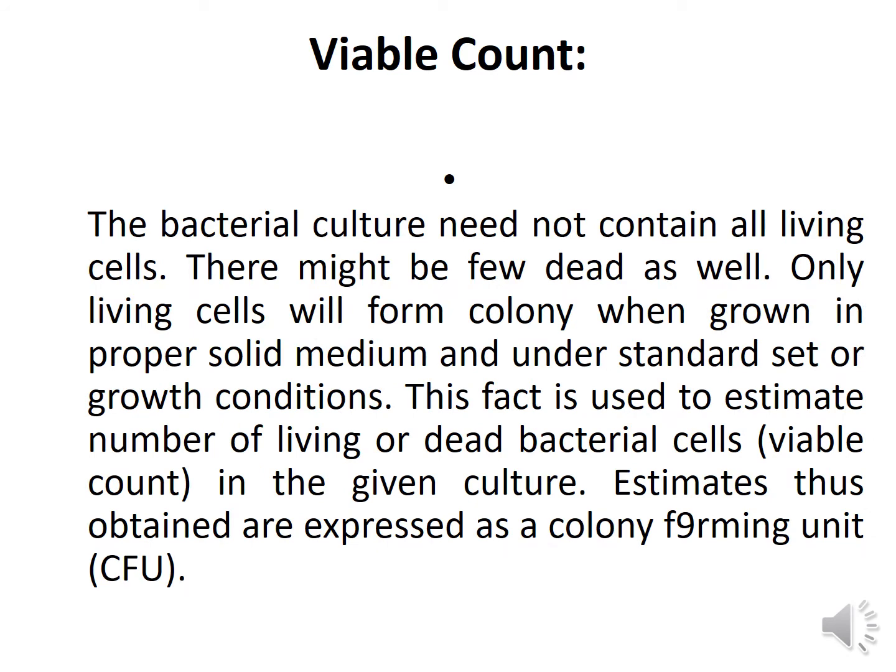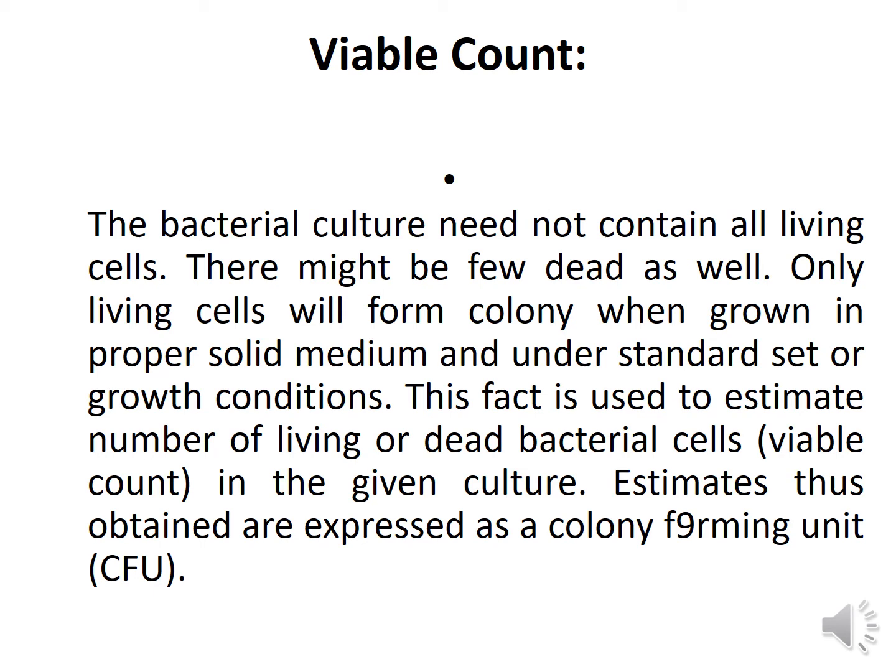Next one is viable count. The bacterial culture need not contain all living cells. There might be a few dead as well. Only living cells will form colonies when grown in proper solid medium under set growth conditions. This fact is used to estimate the number of living bacterial cells, the viable count, in the given culture.